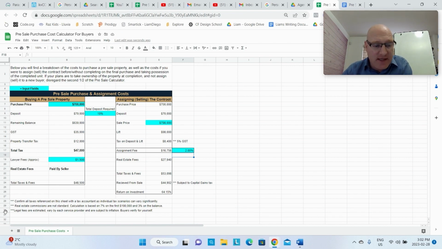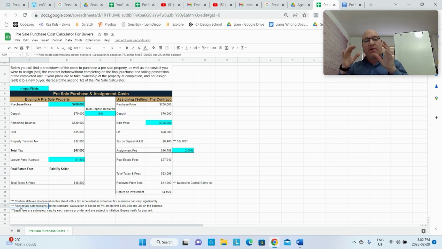And then real estate fees, again, is based on down here. When you are selling your contract, now you are the seller, so you will be paying the commission to the real estate agent who's representing the sale of your assignment contract. And out of those fees also is paid the buyer's agent, the agent who is bringing the buyer to the table to purchase a property back off you, not the property, but the contract off you at 798,000.